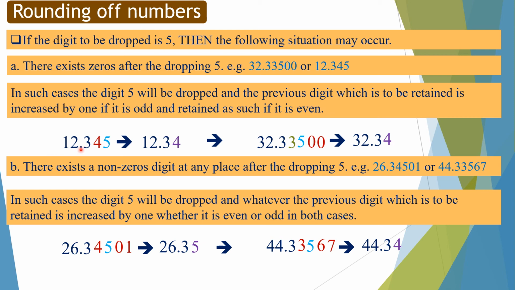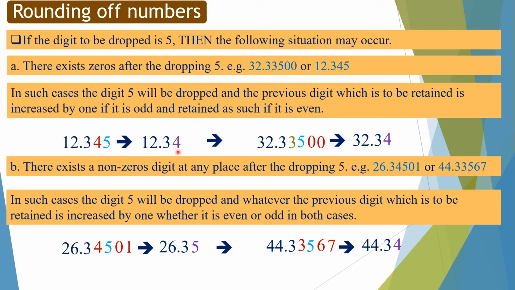In 12.345, 5 is the dropping digit and 4 is to be retained. Because 4 is an even number, it is unchanged, and 12.345 is rounded off as 12.34.